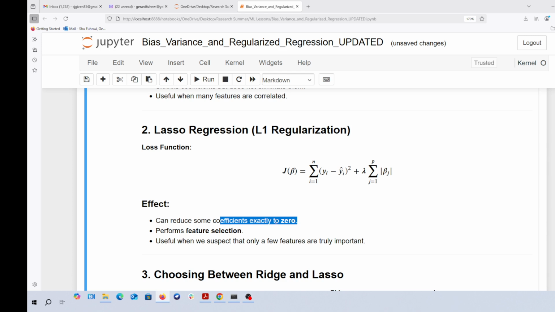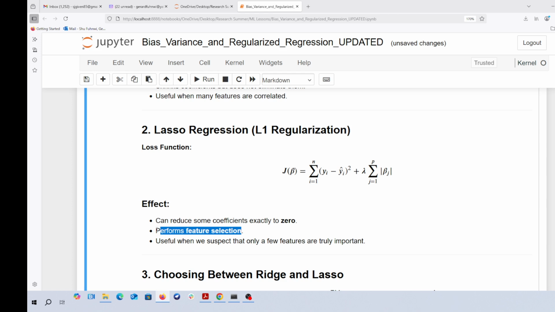If these parameters are reduced to exactly 0, what are we saying? We can use this L1 regularization for feature selection, meaning that features that are not relevant or important in leading to the prediction of whatever problem we are trying to solve will not be included. For example, with house prices, if we have number of rooms, the size of the house and so on, features that are not important will not be included in predicting those house prices.